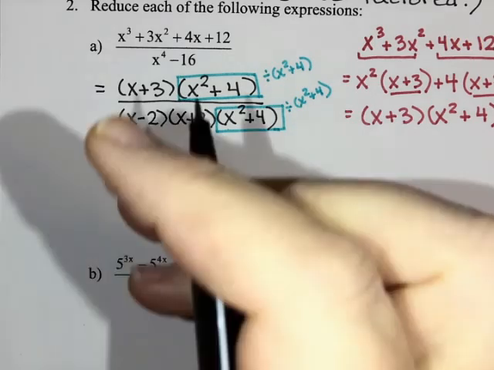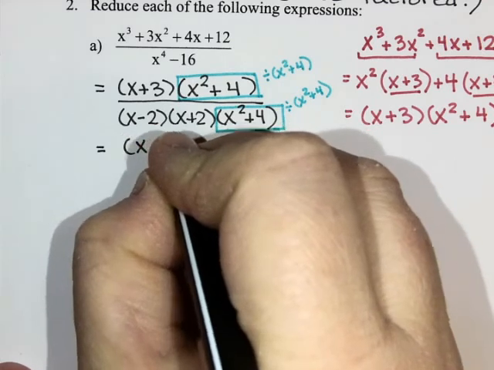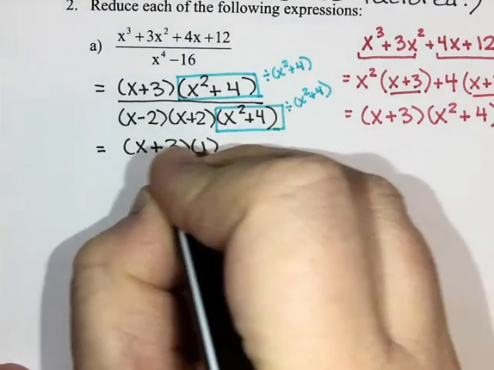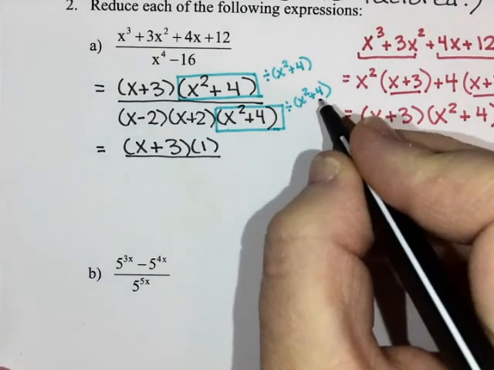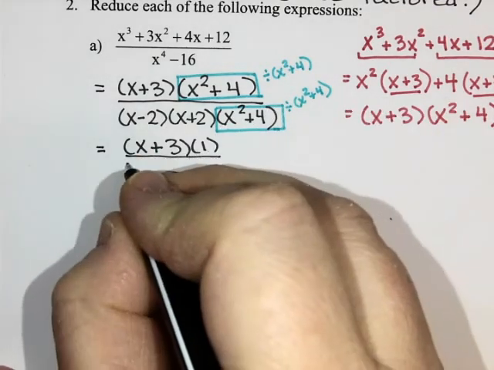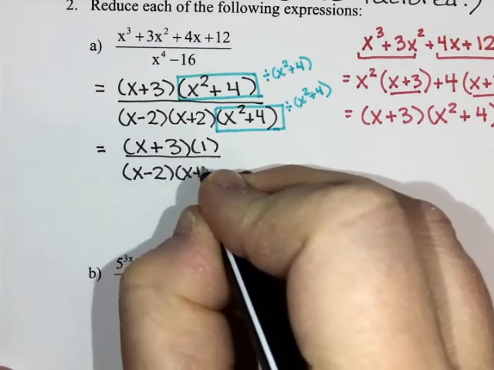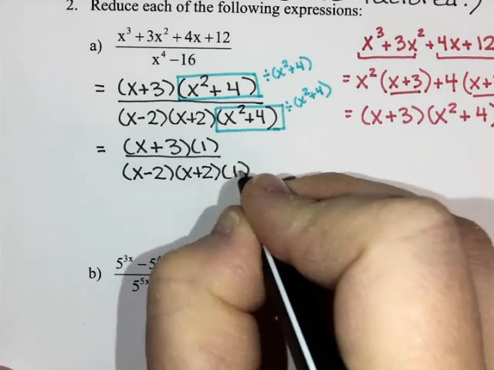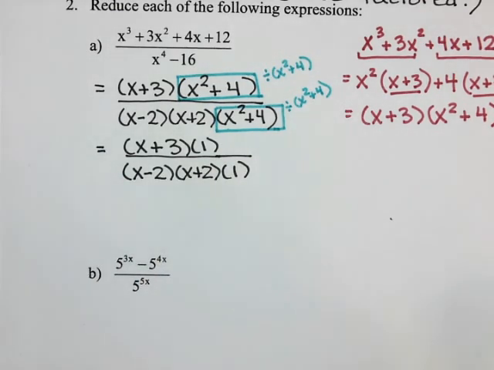If you want to be very technical about this, this would be x plus 3 times 1. And then x squared plus 4 divided by x squared plus 4 on the bottom is also 1. So this would be x minus 2 times x plus 2 times 1. Now, we don't normally write the ones because they are very shy and don't like to stand out.